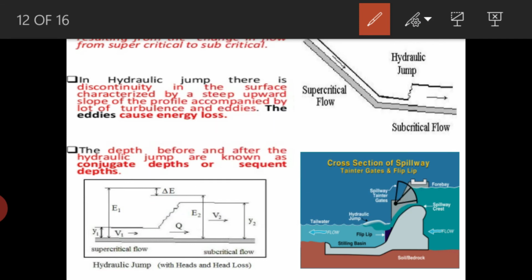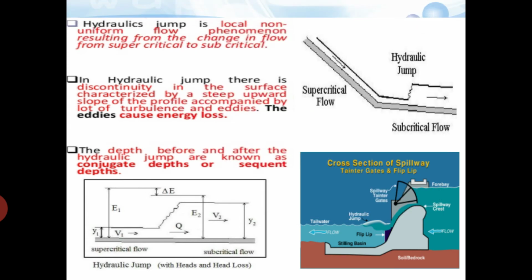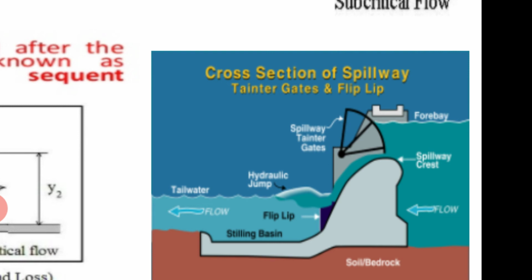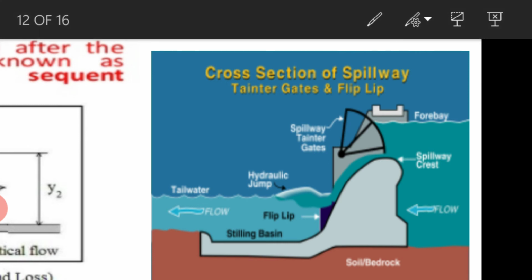In this section also the hydraulic jump is shown. Here I have shown the spillway crest, and behind the dam, the flow is uniform up to a certain length, and as it approaches, it becomes gradually varied and falls down, and it will have a huge kinetic energy.